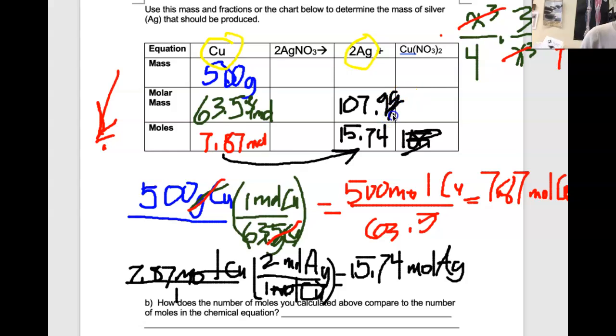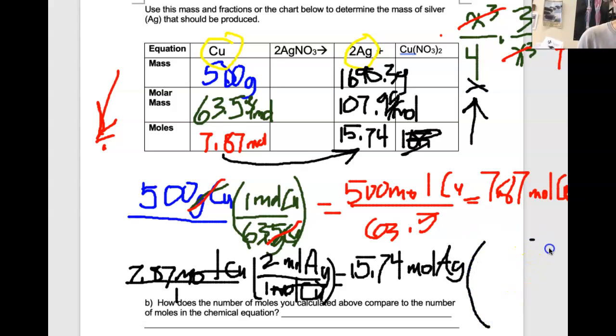If you're going up the chart, you simply multiply. So 15.74 times 107.9 is going to give us 1,698.3 grams of silver. A lot of silver. Using the chart, that's how you would do that.